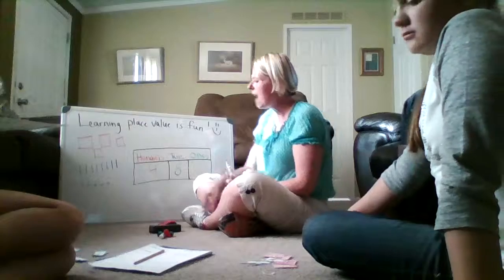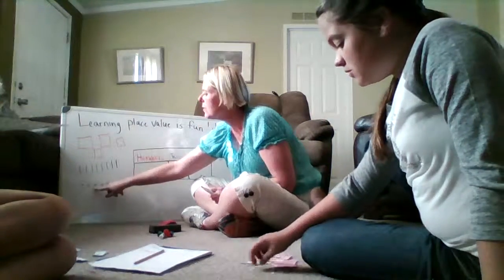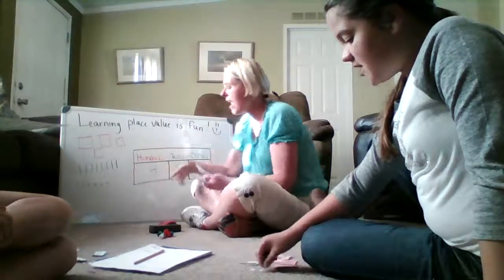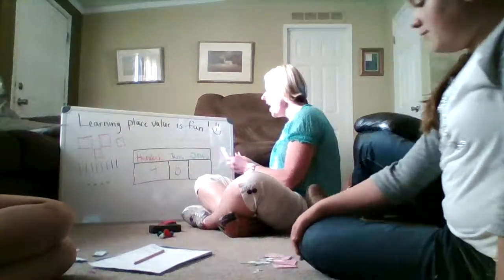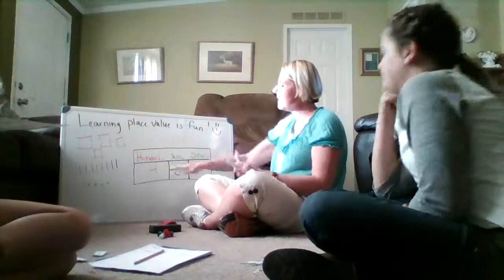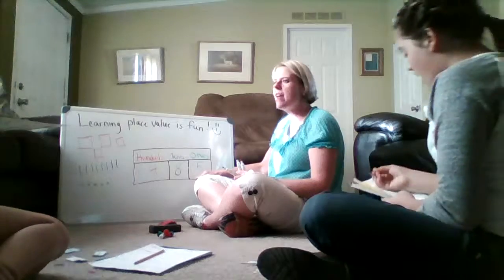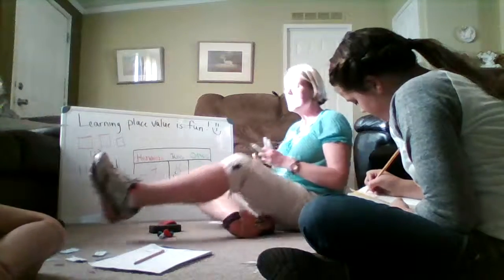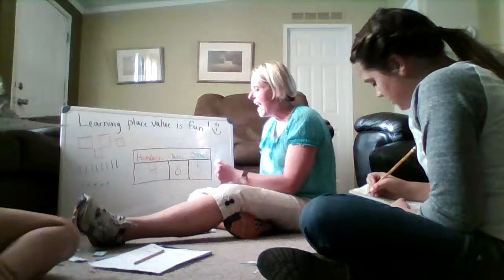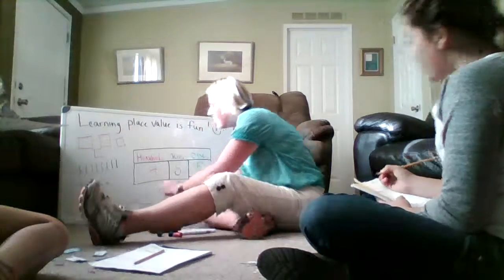And then how many ones did we find? 1, 2, 3, 4, 5. We found 5 ones. So now you can see we had 4 hundreds, 8 tens, and 5 ones, which equals 485.